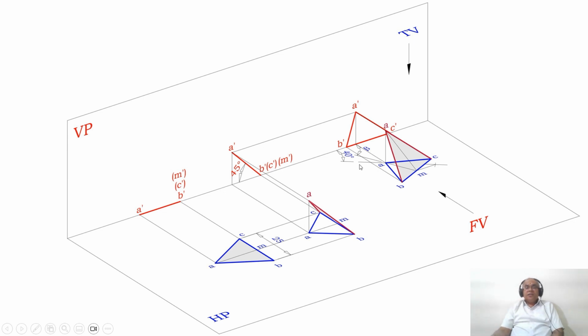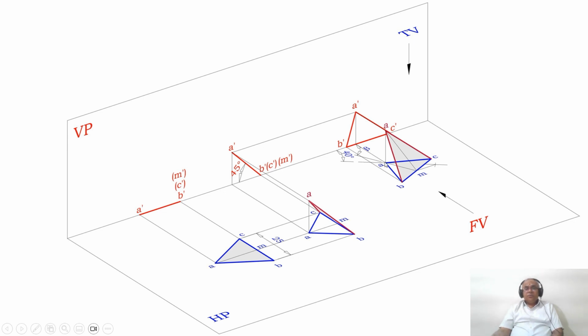Why? Because the inclination given is the true inclination, the perpendicular bisector's true inclination, which is 40 degrees. But what you have here is the apparent line, and you are redrawing this sketch here. So obviously you cannot take this directly.